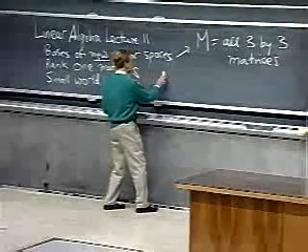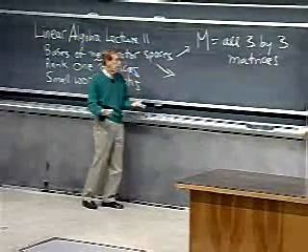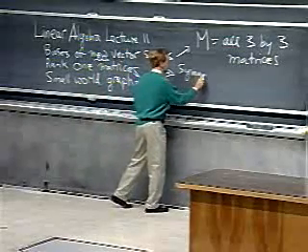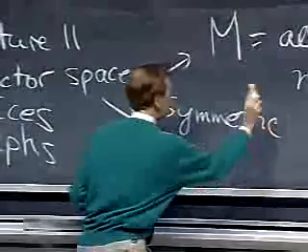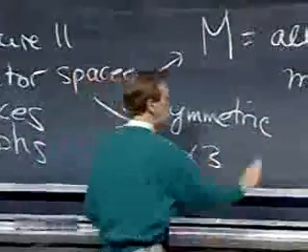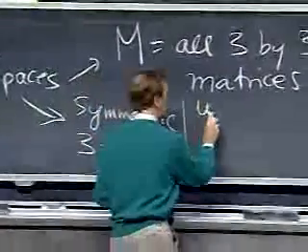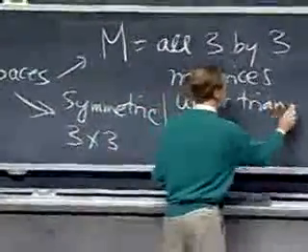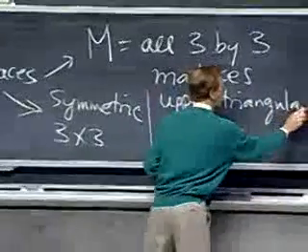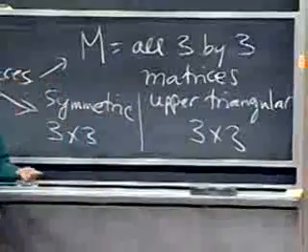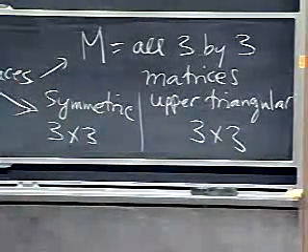And I had some subspaces that were interesting, like the subspace of symmetric matrices. Symmetric 3 by 3s. Or the subspace of upper triangular 3 by 3s. Now I use the word subspace because it follows the rule.